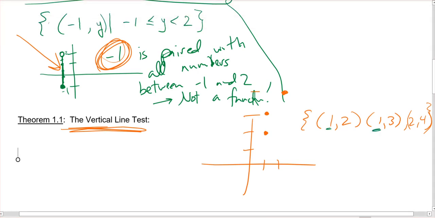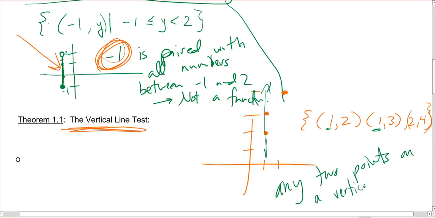One is paired with both 2 and 3. So graphically, what's happening here is that these two points are on a vertical line. So any two points on a vertical line share an x value, right?